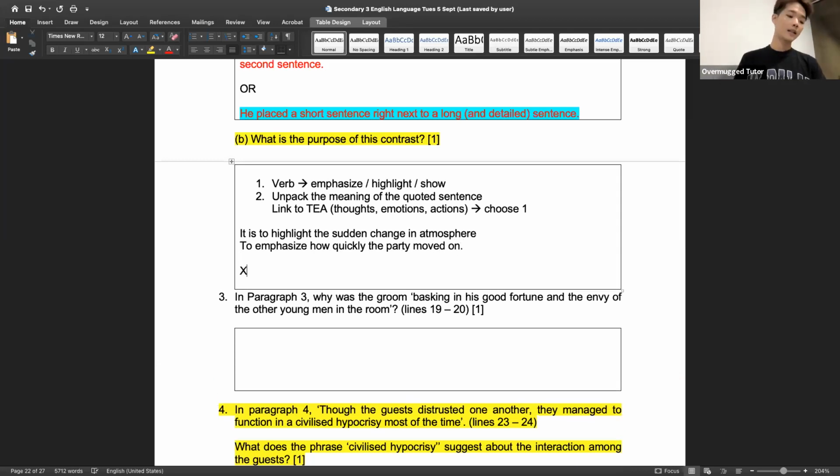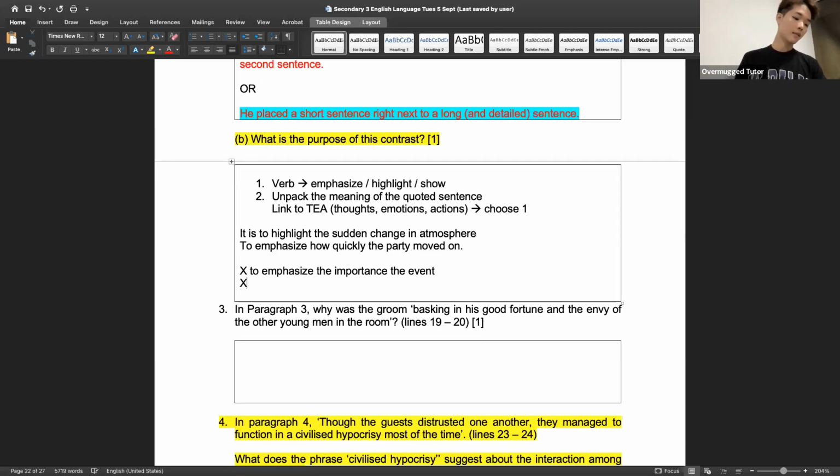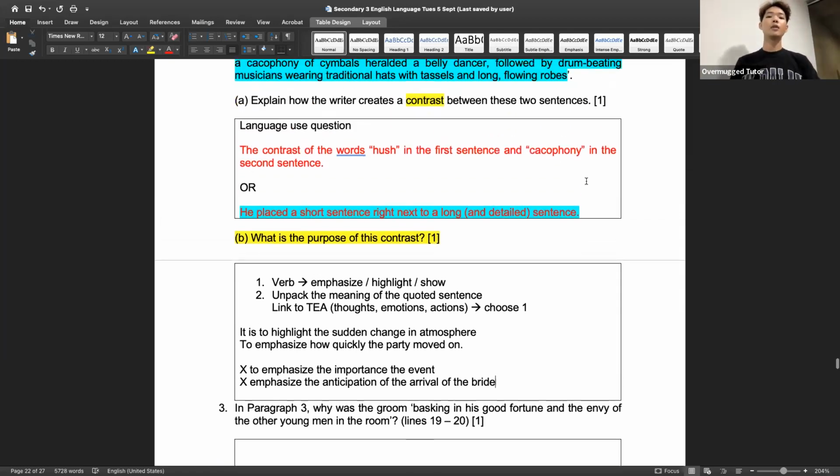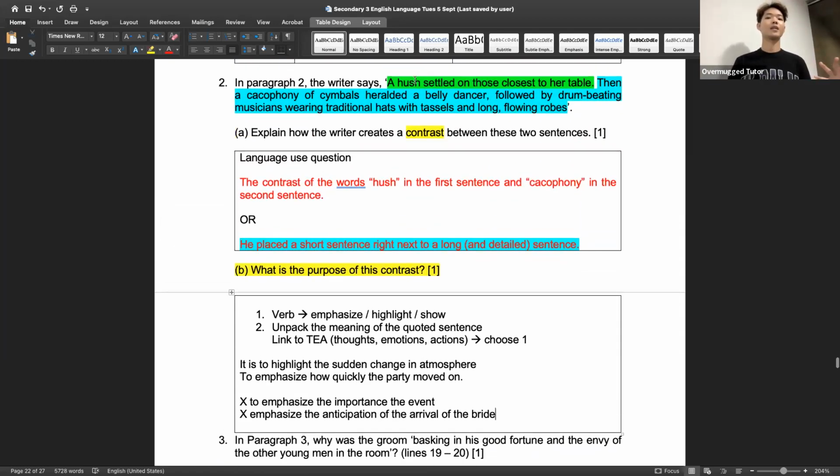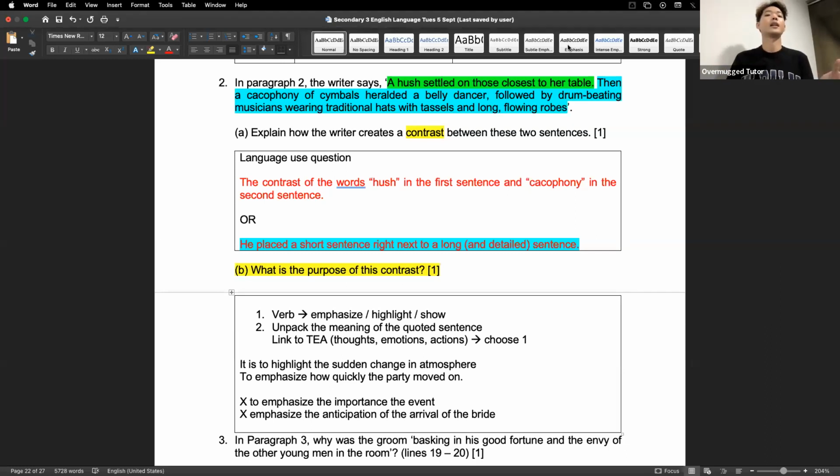But what is not accepted is to emphasize the importance of the event. What is also not accepted is to emphasize the anticipation of the arrival of the bride. Because it went from super silent because the grandmother collapsed or something, and then after that, they still continue the party already. So they move on very quickly, as if nothing happened to the grandmother, right?